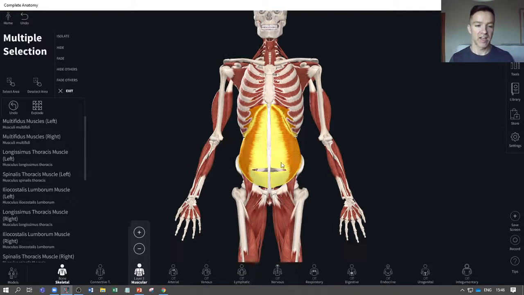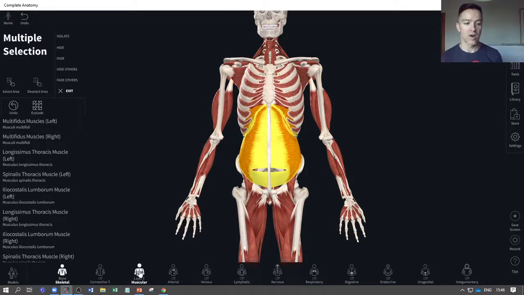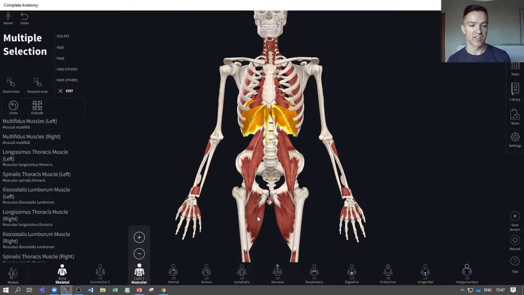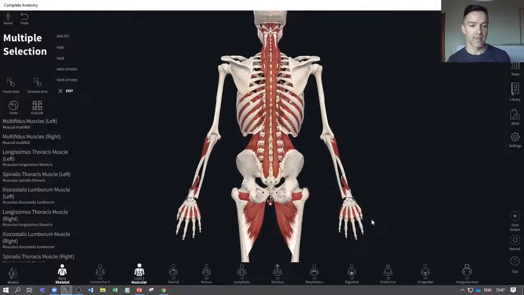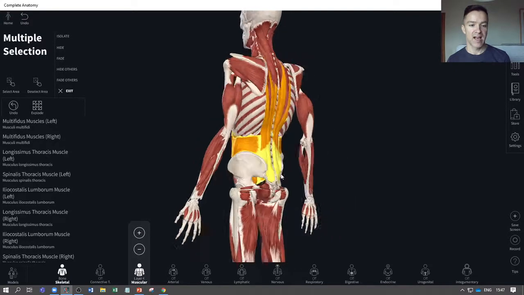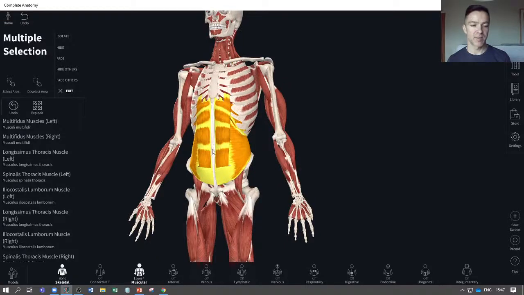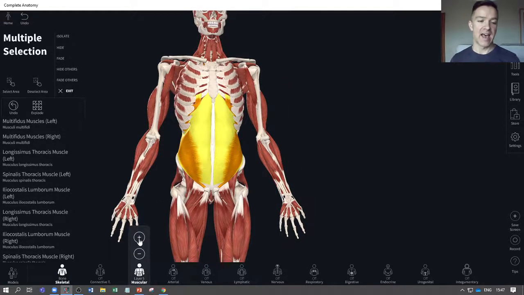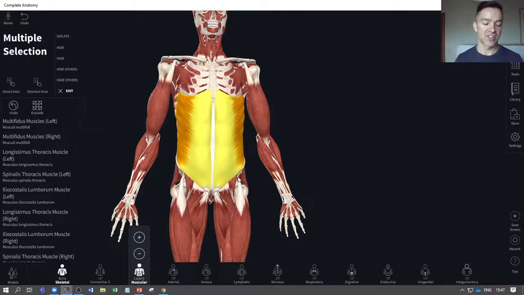So there we've highlighted all of the core muscles that are at play here. So we've got the diaphragm, and we've got the multifidus muscles. We've got your erector spinae group, and we've got your transverse abdominis and your rectus abdominis. We've got your internal obliques and your external obliques.